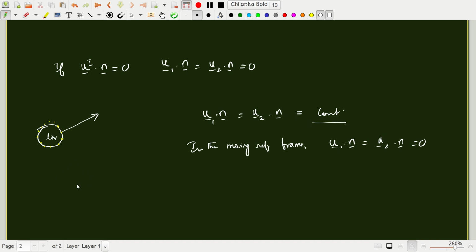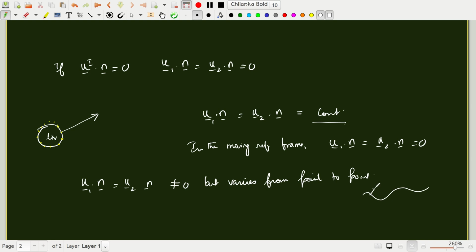But a more likely possibility for a fluid-fluid interface is that u1 dot n is u2 dot n is non-zero, but varies from point to point on the interface. So each point is moving at a different normal velocity. That means the shape of the interface is going to change as a function of time. We'll come to how to find the change in shape of the interface in a bit.